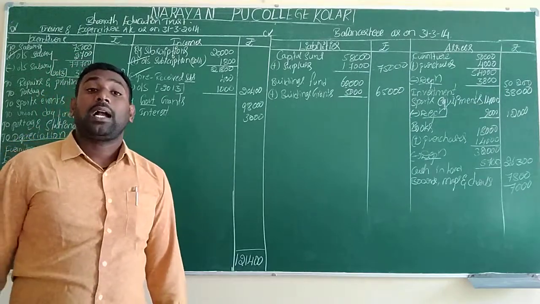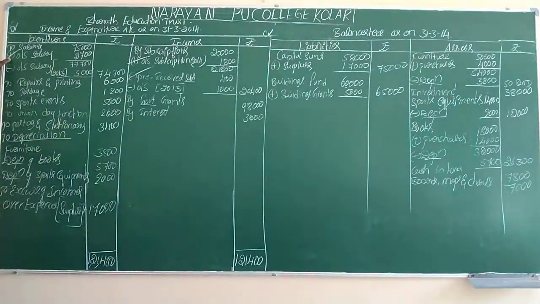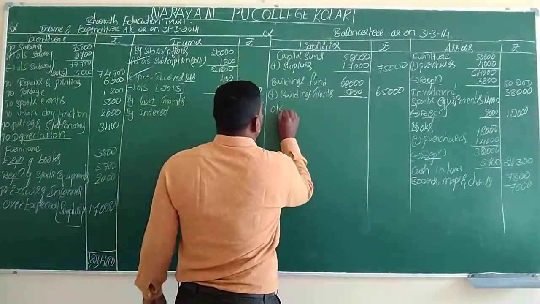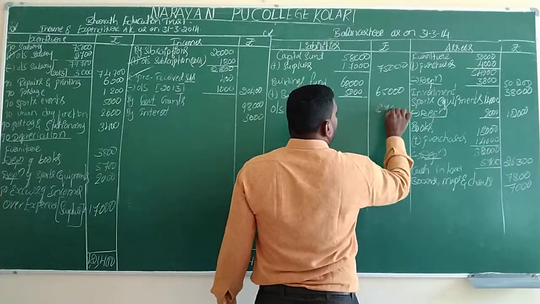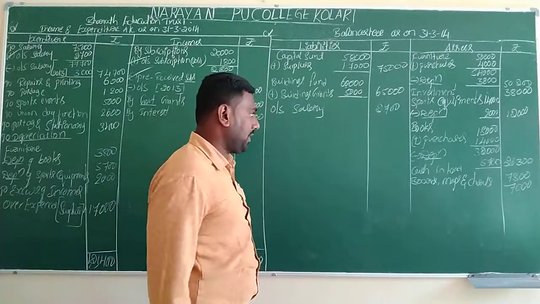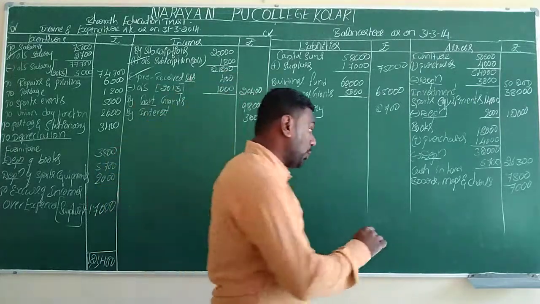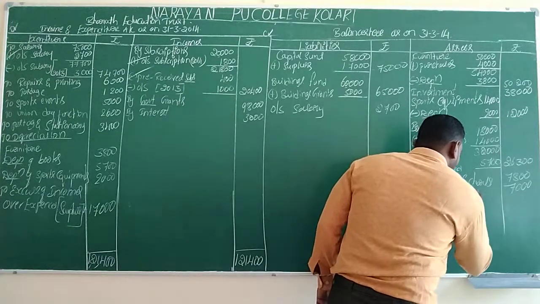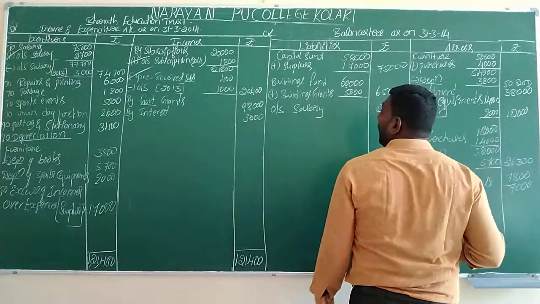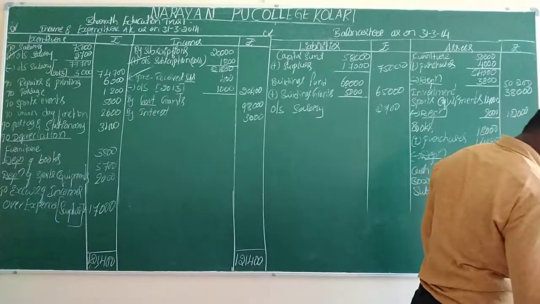Let's come to the adjustments. Adjustment number 1 is salary due, that is outstanding salary. Once we should consider it as an expense, and another time as an outstanding salary, that is 2,700. Next, adjustment number 2 is subscription due, that is outstanding, 1,800.